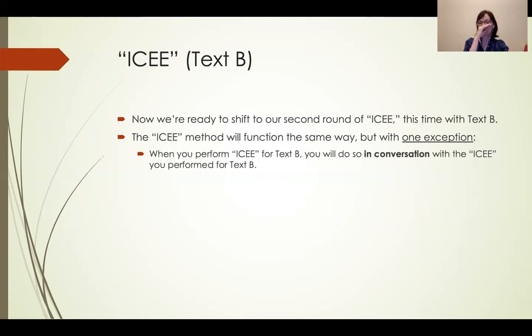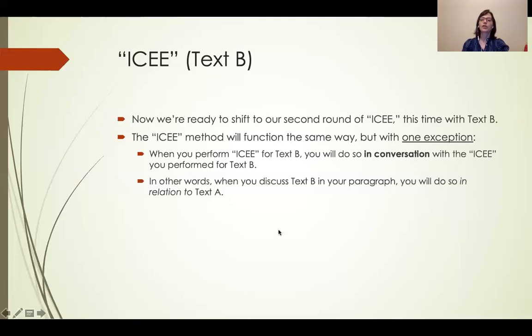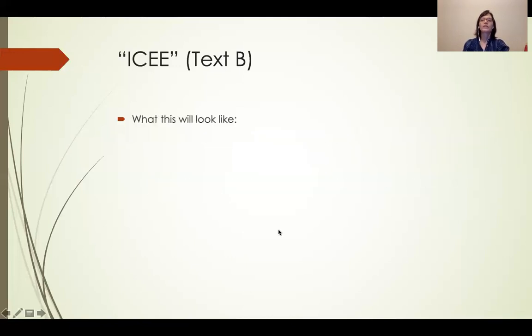When you perform IC for text B, you're going to do so in conversation with the IC you performed for text A. For text A, you discussed it and performed the IC method on that text all by itself. But now when you move through those steps of IC, introducing a quotation, citing it, engaging it, explaining it, you're going to do that work in conversation with text A.